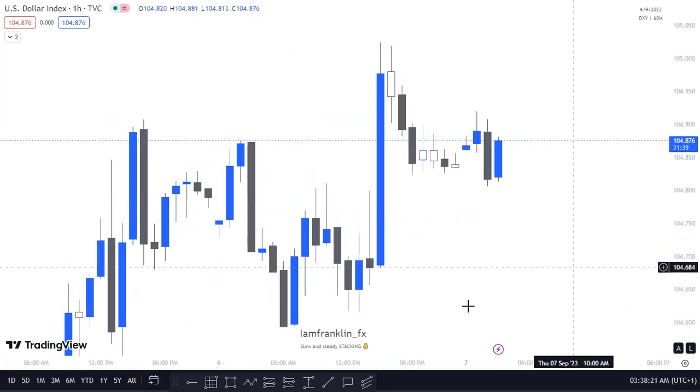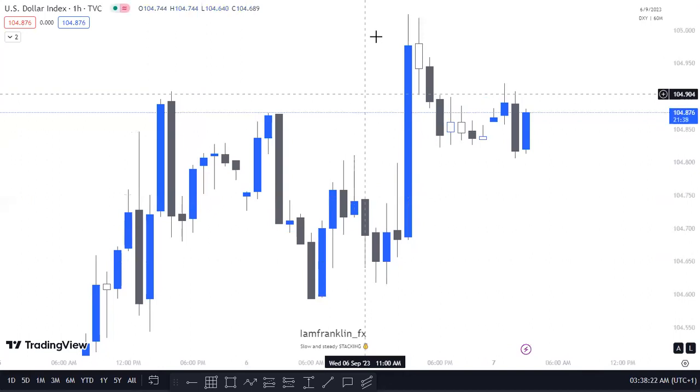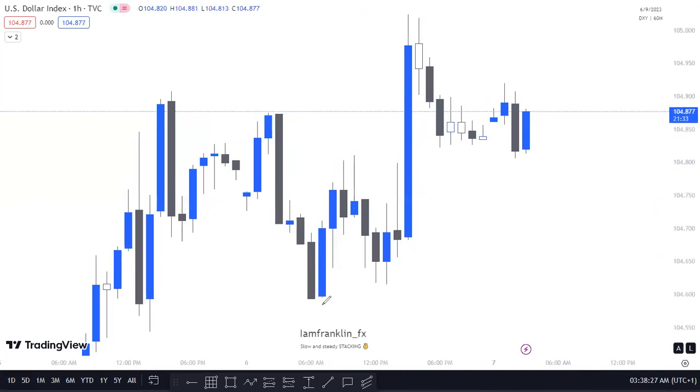Now looking at this candle, you can see the low is very, very small. The way I present my candle chart, blue is up and black is down.